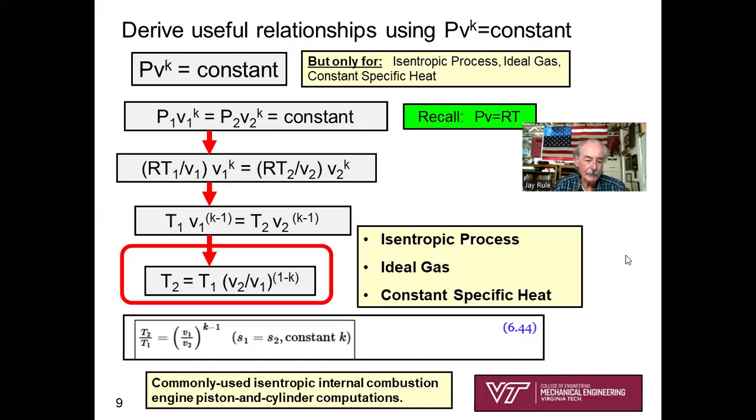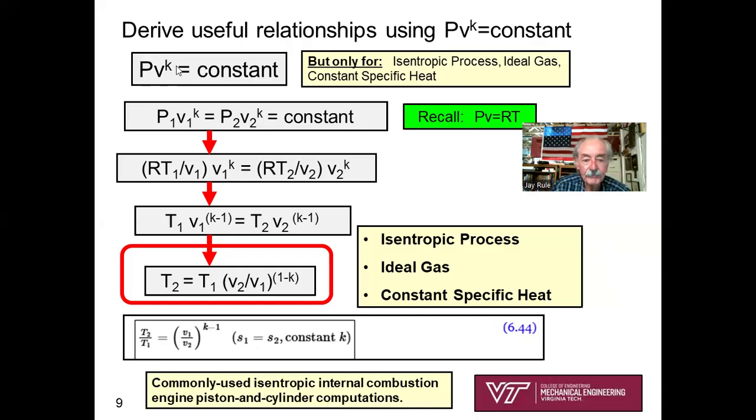Typically, in those situations, you're given T1 and little v1, and you're given little v2, and you're told it's an isentropic process, ideal gas, constant specific heat. And your job is to find T2 for that isentropic process. It's going to be a little easier, but let's go through this derivation.